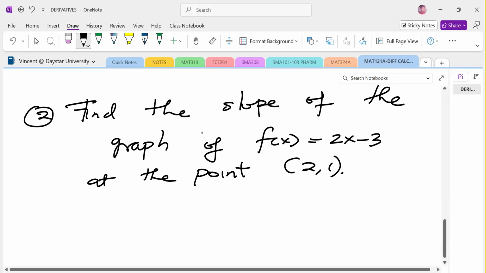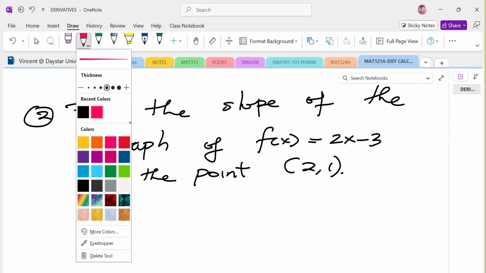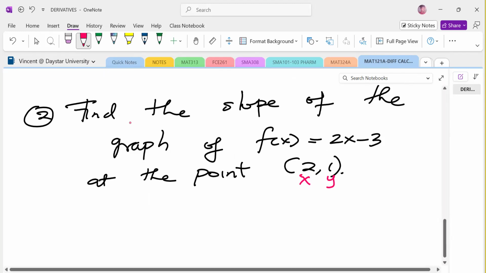Everything stems from the definition. So remember, when you are given a coordinate, the first number is always the x value, and then this is the y value. So our x value is 2, so our a value is 2.